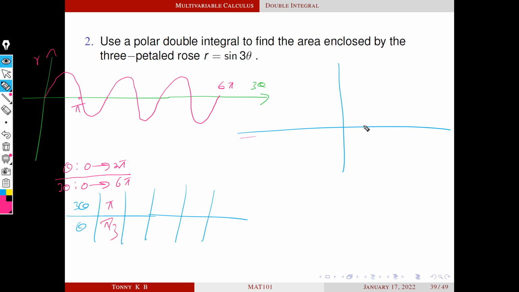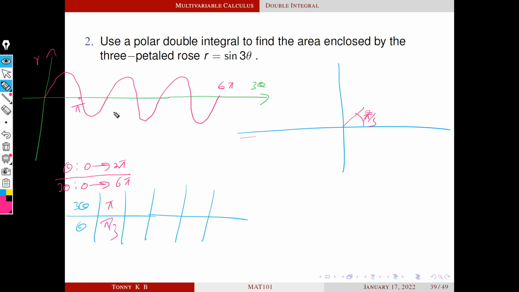So whenever theta equals pi by 3, our r is 0. Then r is negative. After theta crosses this pi by 3, our r is negative.